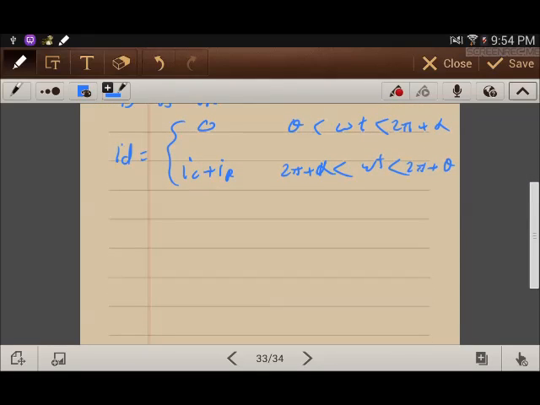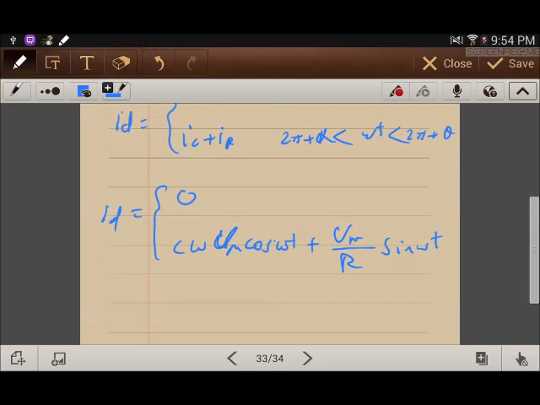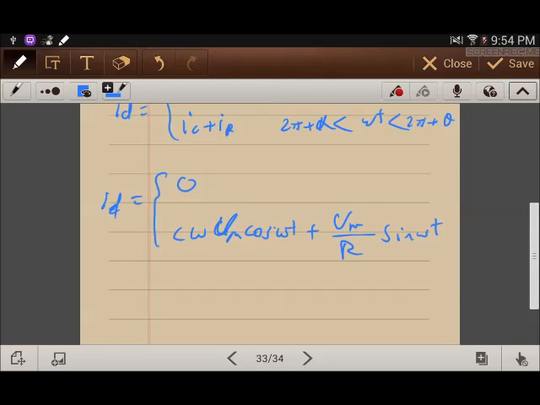So I will add the two currents, 0, and here it will be C omega V maximum cosine omega t plus V maximum over R sine omega t. This is the source and the diode current.